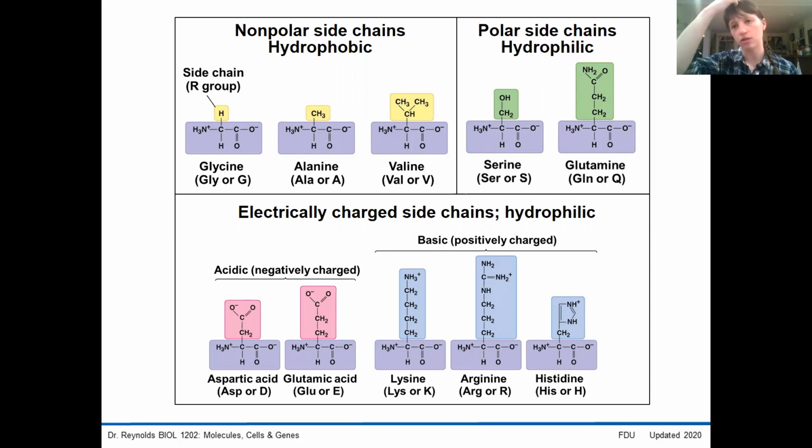Then what you can do is identify the side chain. And once you've identified the side chain, this will allow you to take a deeper look at the molecules that compose that side chain. You're looking for specific functional groups. If you have only non-polar covalent bonds, then that side chain is going to have a hydrophobic nature to it.